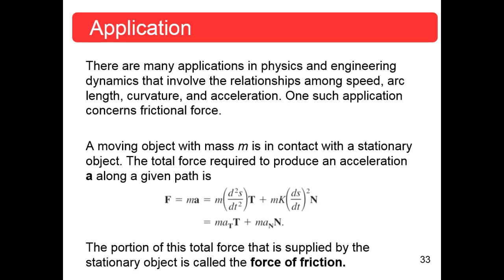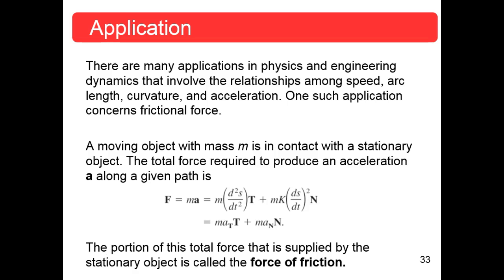The unit tangent vector, goodness, I can't say it, plus m, the mass, times the normal component of your acceleration, which is k times ds dt squared, times the unit normal vector.